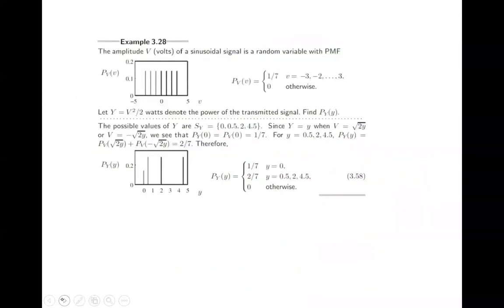Here is an example. The amplitude in volts of a sinusoidal signal is a random variable, whose PMF is given here. So you see the range of voltage is -3, -2, -1, 0, 1, 2, and 3. So the number of values here is 7, as you see.